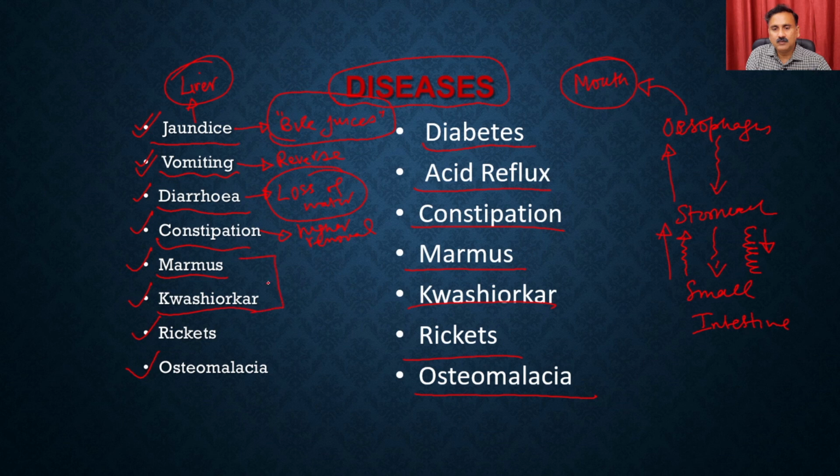These are two disease conditions involving protein deficiency, which causes malnutrition in kids, and they have stunted growth and other symptoms. Similarly, we have rickets and osteomalacia. These are also malnutrition-induced diseases.